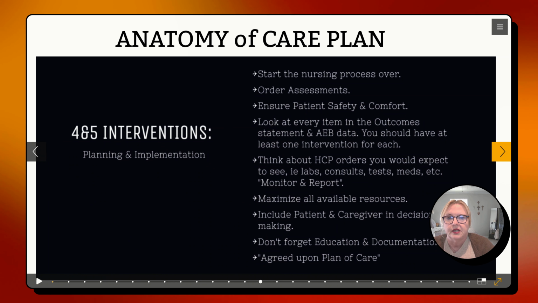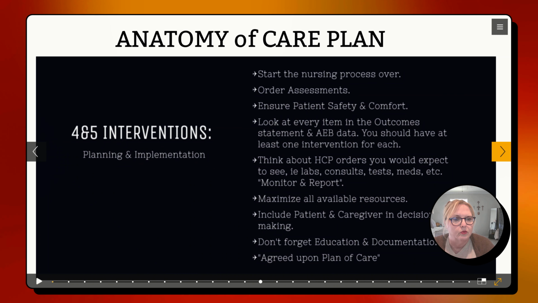Again, caring is built into everything. And so those basic, simple comfort measures, that's the foundations and the fundamentals of nursing, and that's exactly what we're here to do. Look at every item in those outcomes and in that problem identification. Are you having an intervention that addresses each one of those problems?